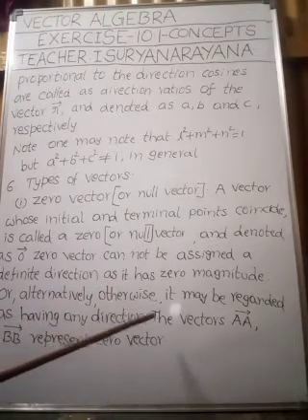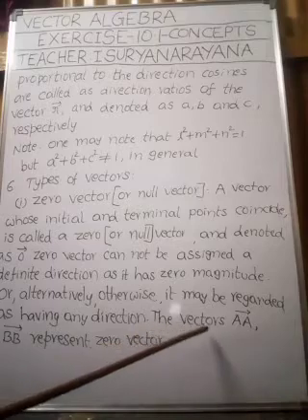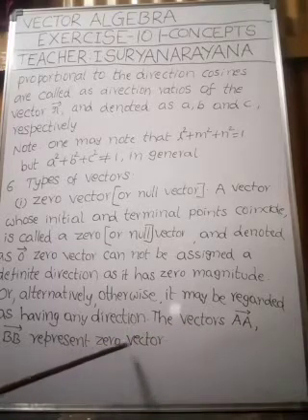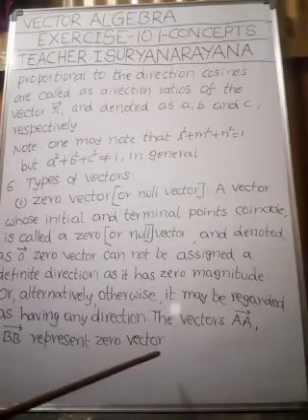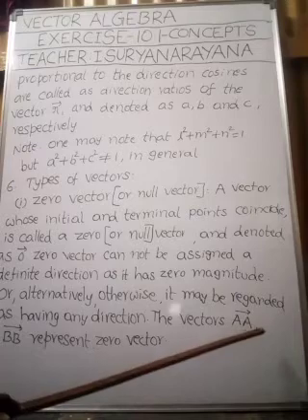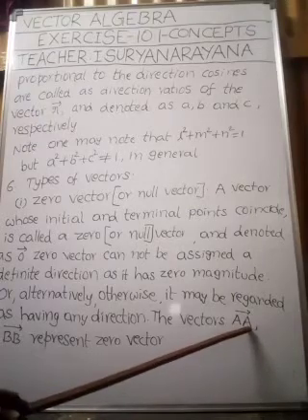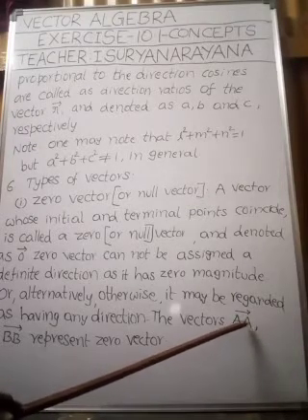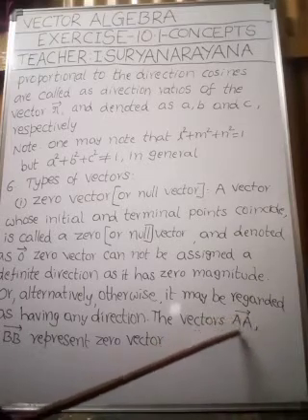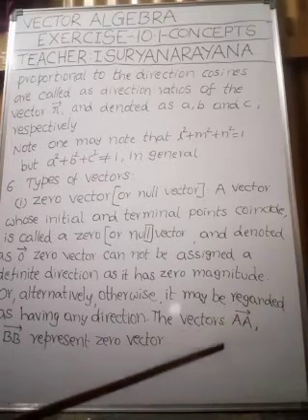Okay, my children. The vectors A bar, comma B bar represent zero vector. What is the initial point of this vector? A. Terminal point of this vector is A. So initial point and terminal point are coinciding. That is why this vector is an example for a zero vector.